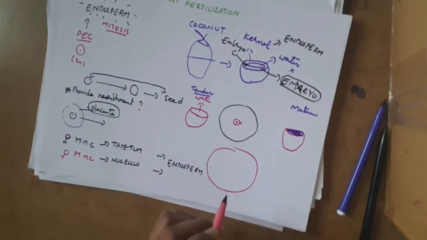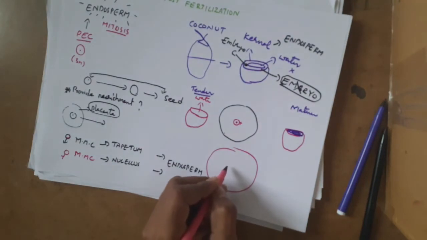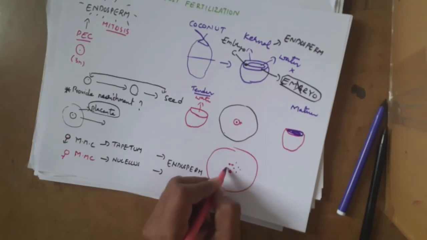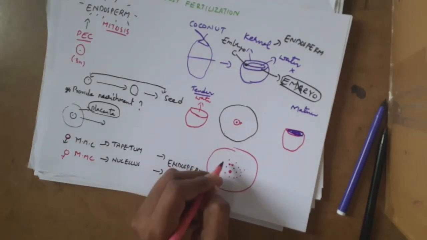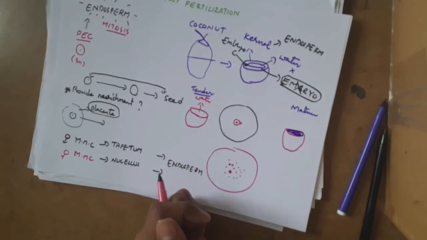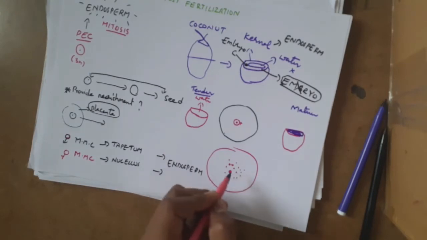Now remember, the PEC will start dividing. That means karyokinesis occurs, and there will be production of many nuclei. I already said karyokinesis is the division of the nucleus. Division of the nucleus leads to the formation of many nuclei, increasing the number of nuclei.